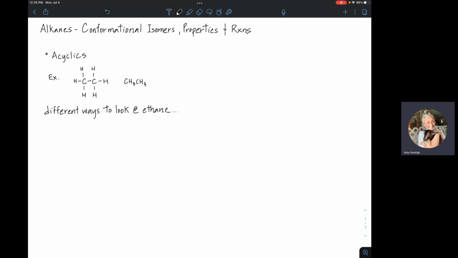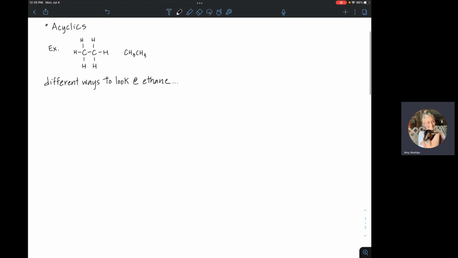So we have the expanded structure without proper geometry. Remember, these carbons are sp3 hybridized. So each one of those carbons has a tetrahedral electron geometry to it, right? The first way that we can look at this molecule is an introduction to how we can display a molecule on a piece of paper, a 2-dimensional surface, such that it looks more 3-dimensional.